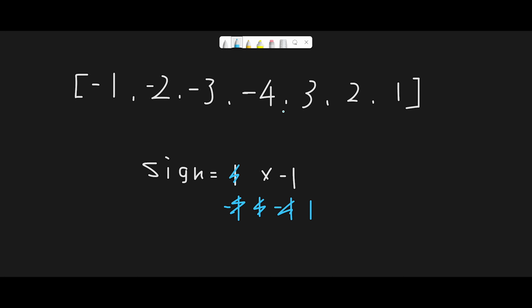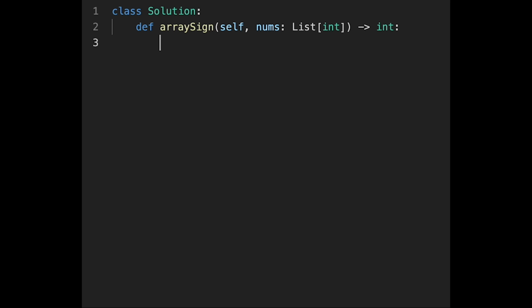With that being said, let's get into the code. Okay, so let's write the code. Code is very easy. Initialize sign with 1, and start looping for n in nums. If we find 0, so n equals 0, in that case we immediately return 0.